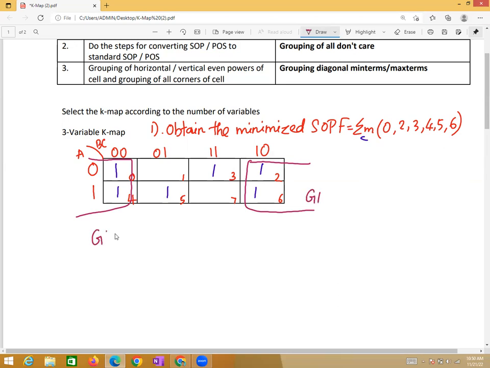Now G1 is nothing but writing down the corresponding min terms and cell numbers for this group.